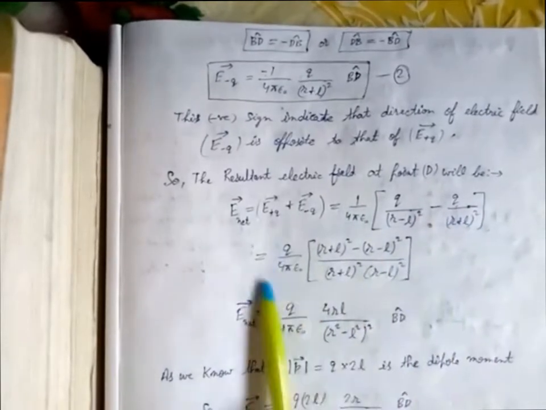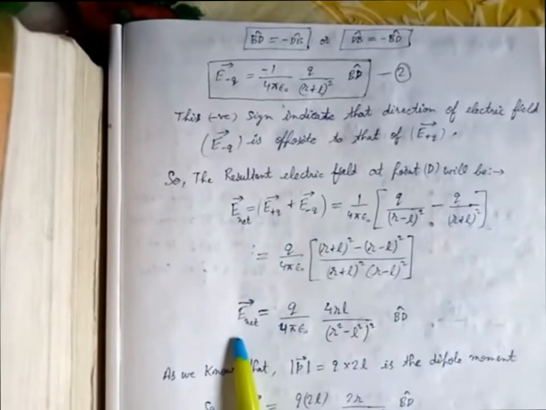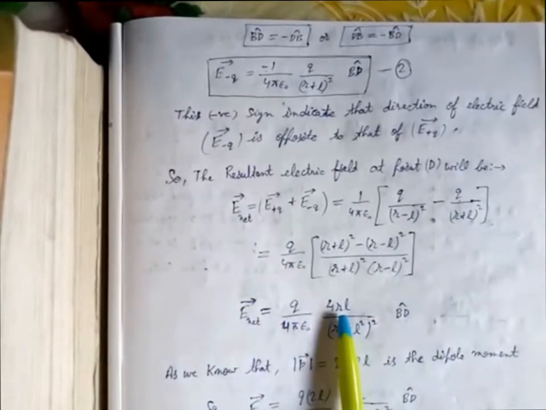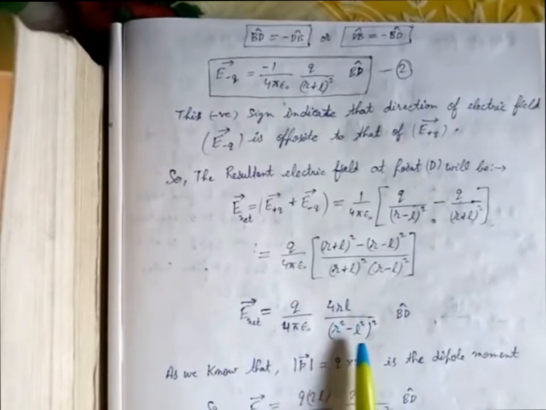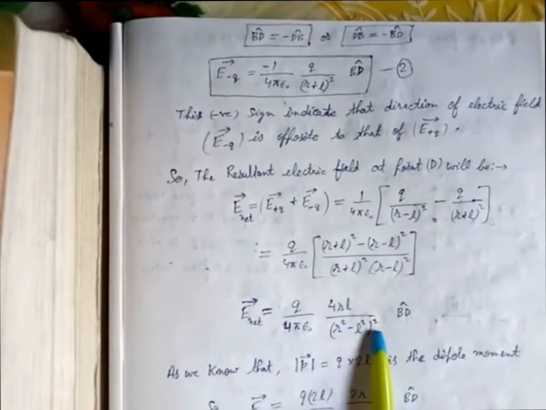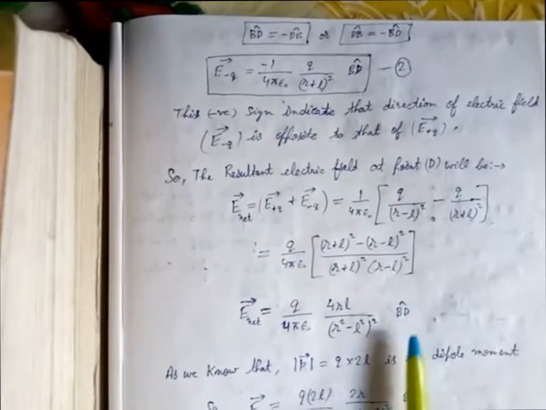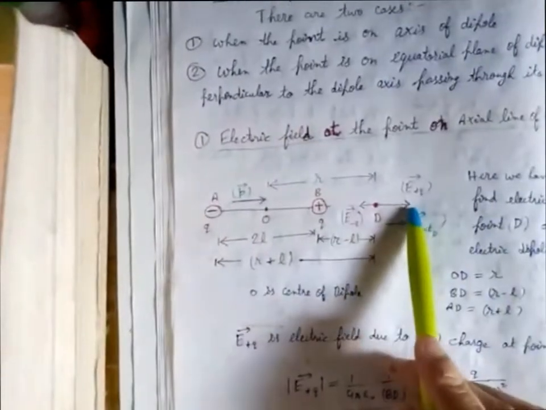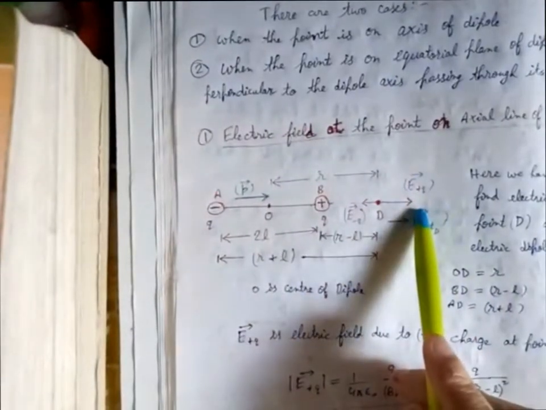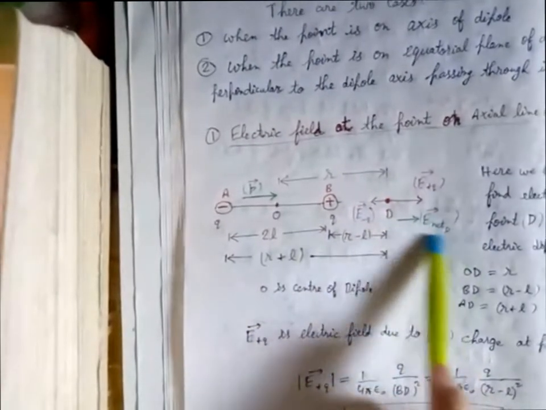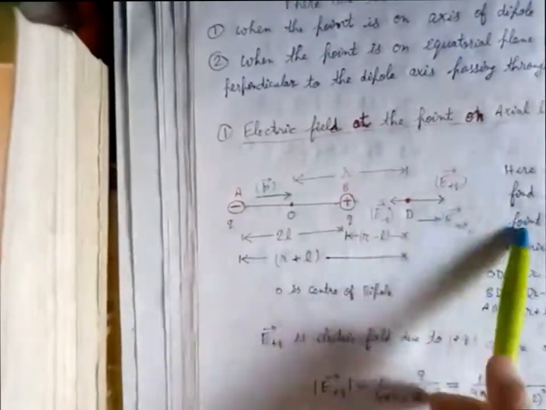By solving this equation, we get the net electric field as Q by 4 pi epsilon naught, 4rL upon (r square minus L square) whole square, along the BD unit vector, because the plus Q electric field is greater in magnitude in comparison to minus Q. So the net electric field will be along the BD direction, along the B to D direction.